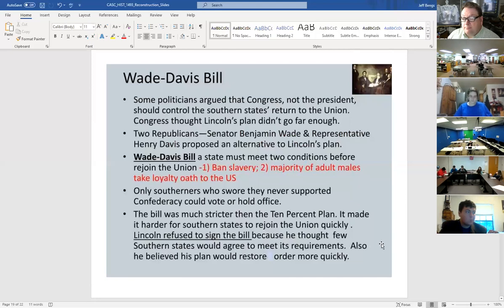Now, it's important for you to understand, if you don't already, many people are under the idea that we elect a new president and things will change, but that's not how our government works.